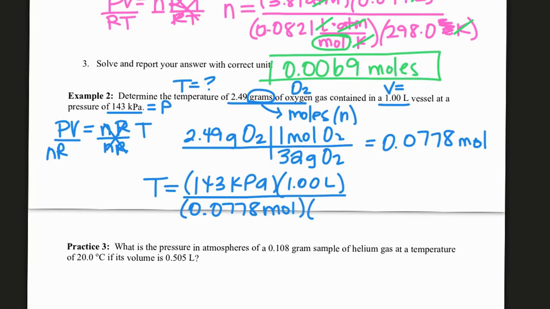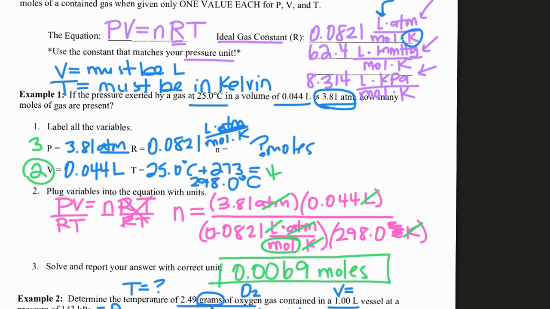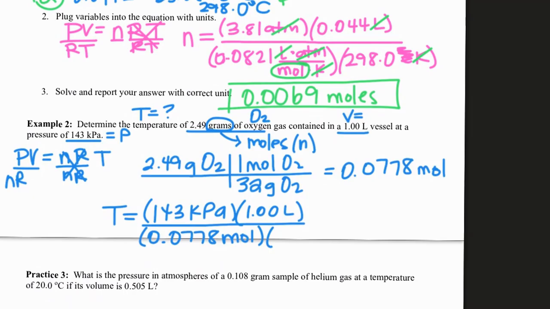The R value I want to use here needs to be, so going back up here and looking, the one that has kPa in it. So we're going to use this one, right? So we need to make sure it matches up. So we're going to use 8.314, and it's going to be liters times kPAs over moles times Kelvin.